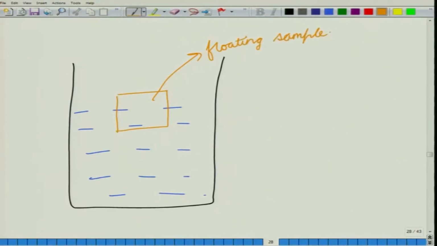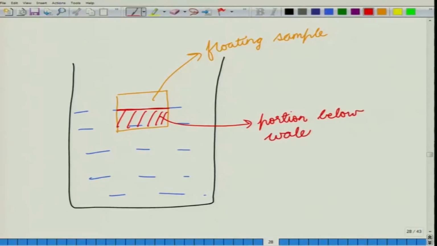Now, when this sample is floating, some part of it will be beneath the water level. The water level has risen, but in the equilibrium position you will have some portion that is below the surface. So, this is the portion below water level, and this portion is the portion above water level.